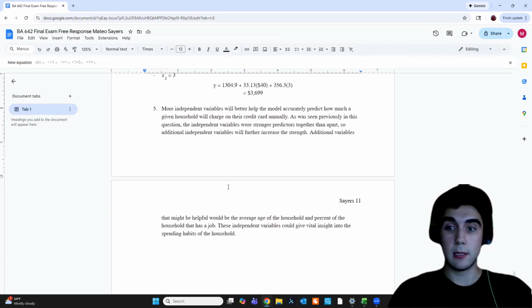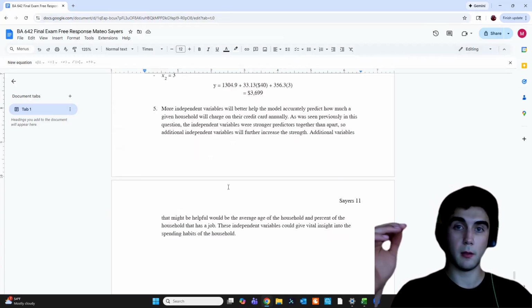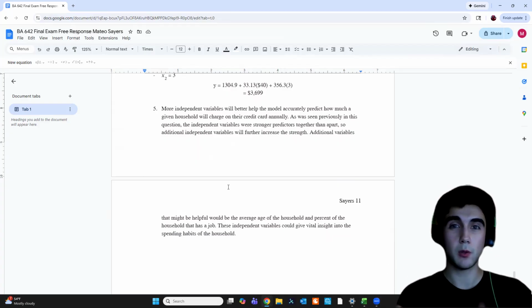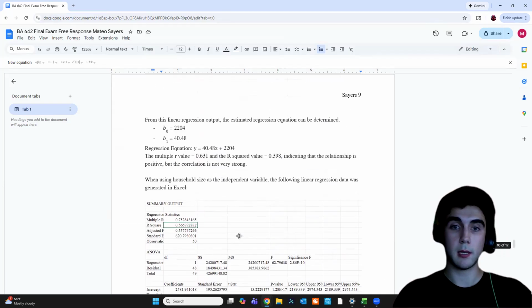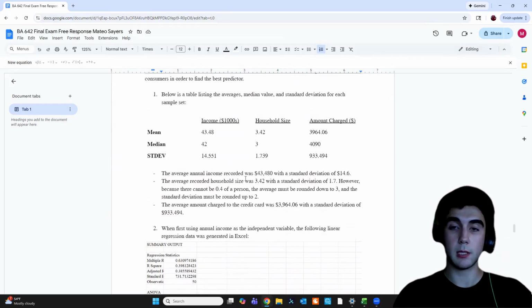The reason these extra independent variables will help is because, as seen before, when the independent variables were taken individually, the correlation wasn't very strong. When they're put together, it was much higher, going up to 0.8. So more independent variables will better help predict what this company was hired to do, which is to predict how much the household is going to charge on their credit card annually.